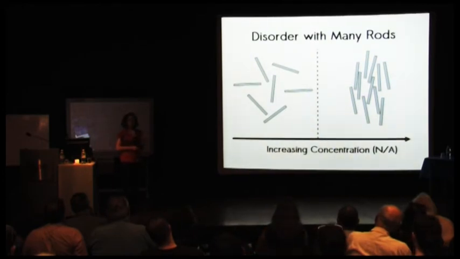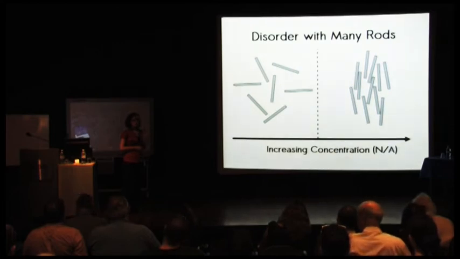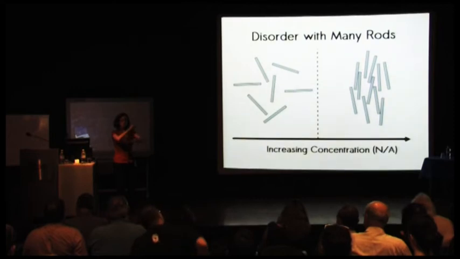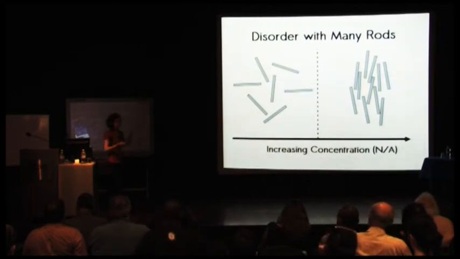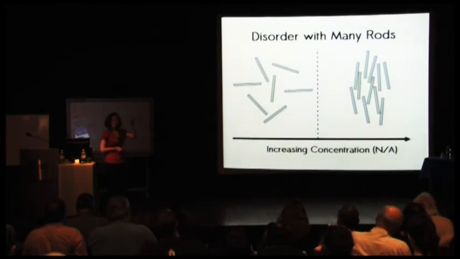However, if there are many rods in a small space, you have a problem. How do you put many rods into a small space? It's very difficult if you have the angles pointing any which way, as we saw in the previous slide. So what happens is that you lose orientational disorder, but you gain a tremendous amount of disorder in position.